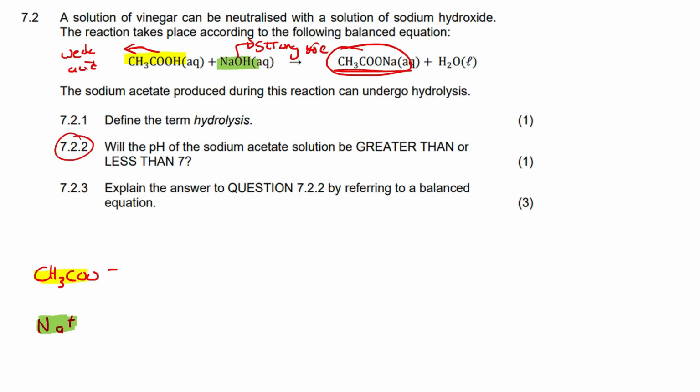So hydrolysis doesn't take place with anything that comes from a strong acid or base. So this thing is not going to undergo hydrolysis because it came from a strong base. Hydrolysis is only something that happens when something comes from a weak acid or a weak base.